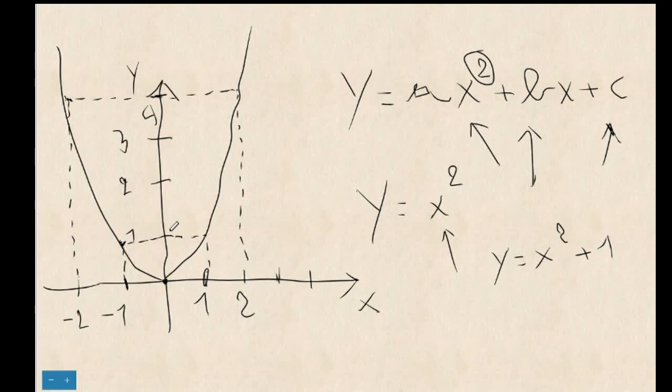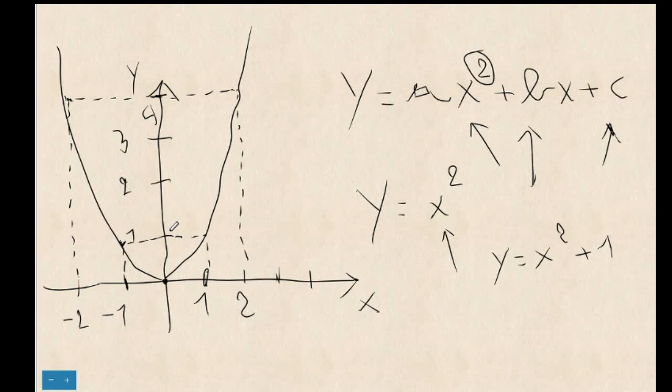So what is the effect of the addition of a constant? Suppose we are here, x is 0, y will become 1. If x is 1, y will become 2, 1 times 1 plus 1, which is 2. So the overall effect is to shift our function upwards.